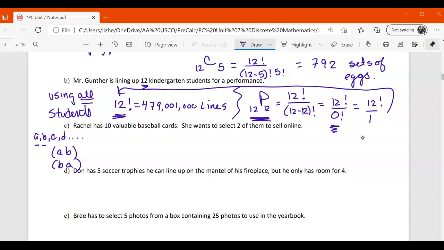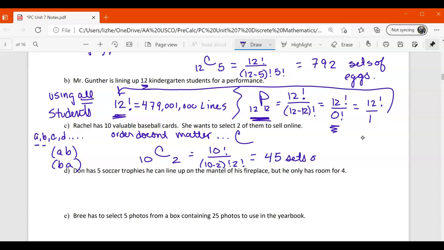And so, therefore, the order does not matter, and it's a combination. And so you would say C, there's 10 of them, she wants 2 of them, and then you would write it out: 10 factorial over 10 minus 2 factorial times 2 factorial. Stick it in your calculator, and there are 45 sets of 2 cards that she could sell.